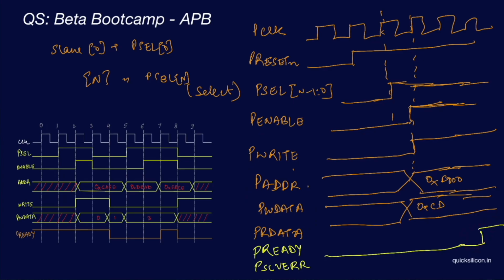It might happen that the slave had raised slave error here, but it went low here. So the value of slave error your master sees is this value, which will be 0 here. If there is anything which your slave wants to communicate, that needs to happen as soon as your p ready gets asserted. So your master keeps your select, enable, write, and address related signals stable until you get a p ready.